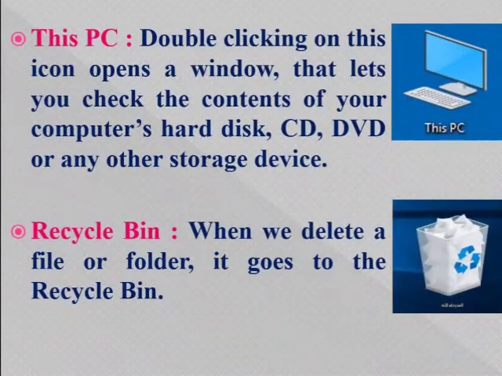This PC. Double clicking on this icon opens a window that lets you check the contents of your computer's hard disk, CD, DVD or any other storage device. Recycle Bin.